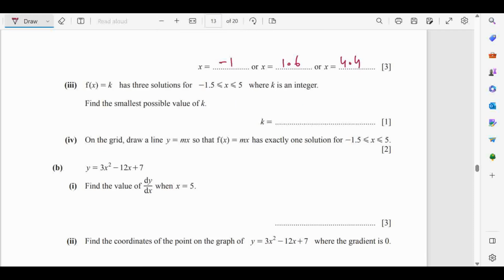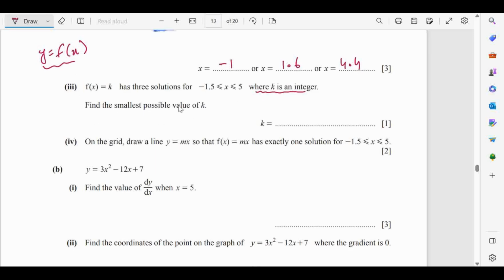The third part, f of x is equals to k, has 3 solutions for -1.5 to 5, where k is integer. Find the smallest possible value of k. So as we know that y is equals to f of x, we need to find out the value of y where k is an integer. This is an important point. Find the smallest possible value of k.